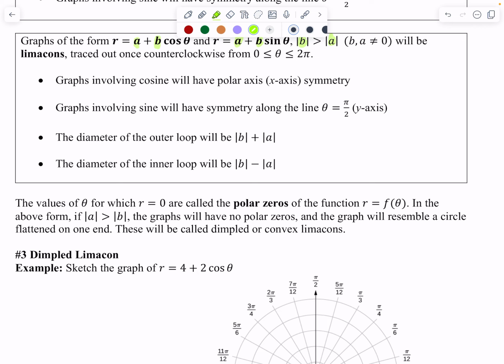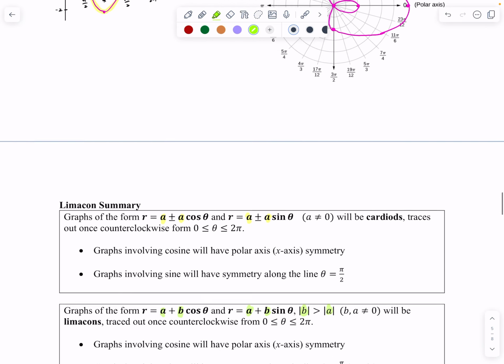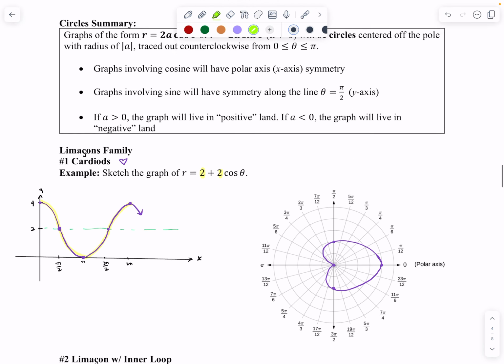And that translates to these graphs not having any polar zeros in the polar coordinate system. So the graph will either resemble a circle that's kind of flattened at one side, or it'll look like it has a dimple that doesn't touch the pole.